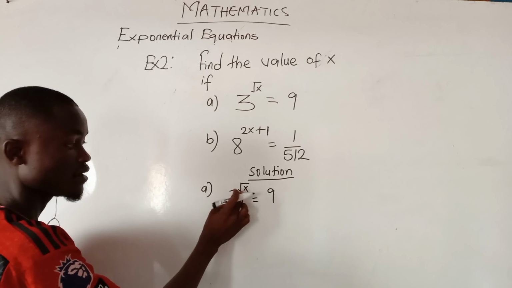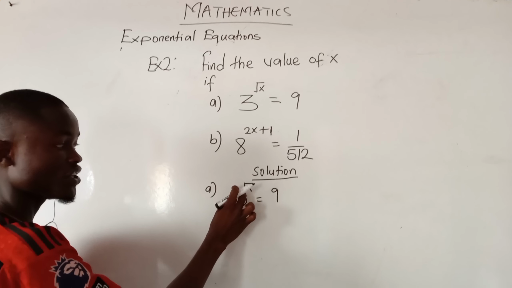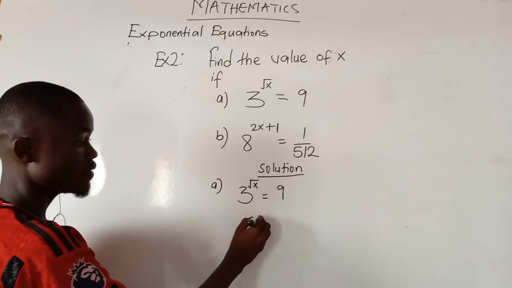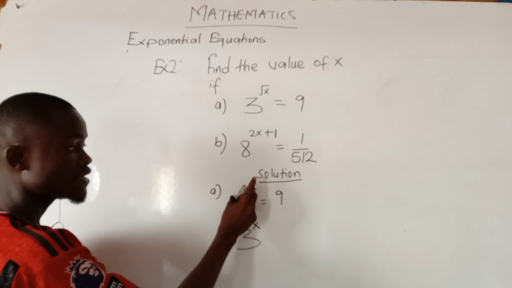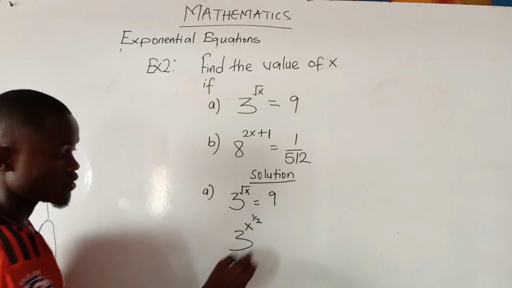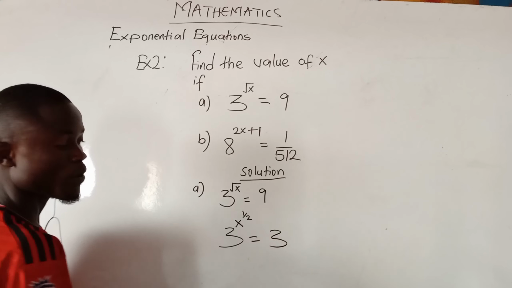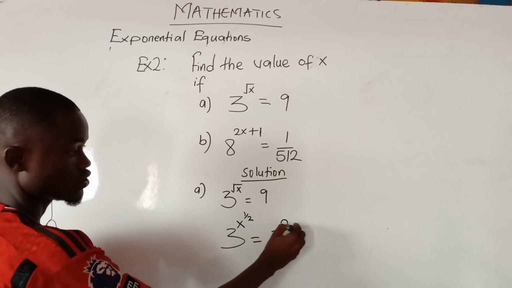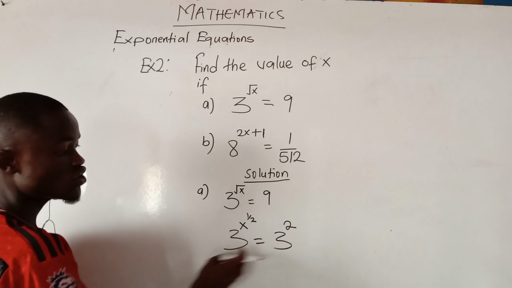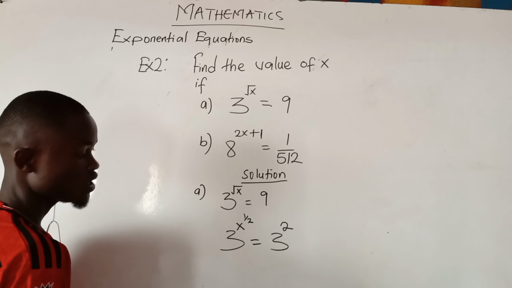What we need to do here is write the square root as a power: 3 raised to the power, mind you, x should be raised to the power half, because of this square root, equals 3 raised to the power 2. So the concept here, since you have made the bases the same, is to equate the powers.